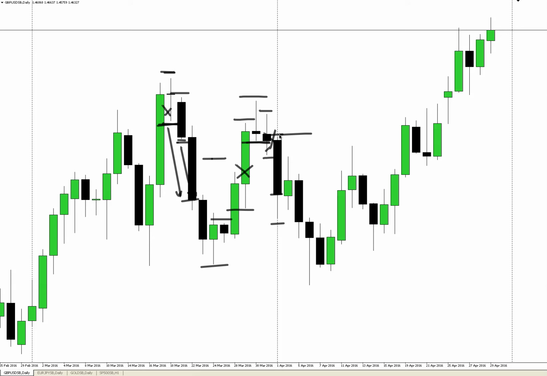Final point is the whole idea of setting a weekly or a monthly target. Again, it works really well with the daily. It's super consistent. You could trade the daily with 2 or 3 pairs, aim for like 200 pips on each pair, and aim for a monthly net target of 500 or 600 pips.